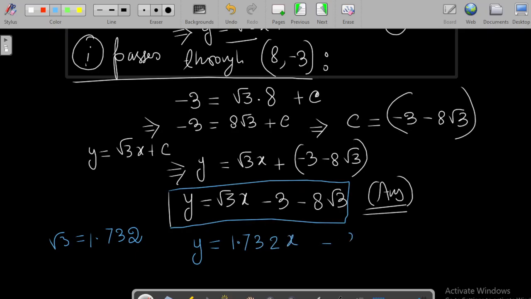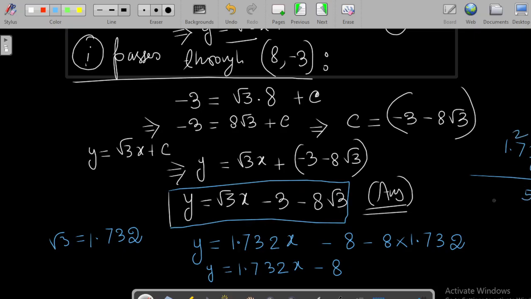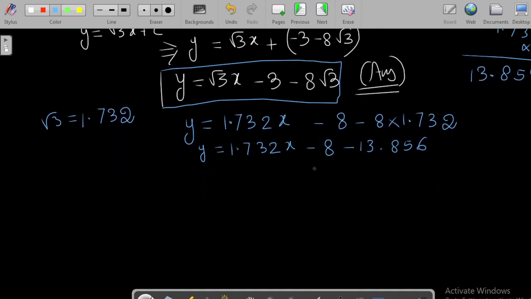1.732x minus 8 into 1.732, and that becomes 1.732x minus 8 times 1.732. Multiplying 1.732 by 8 gives 13.856. So now the equation is y equals 1.732x minus 3 minus 13.856, which is 1.732x minus 16.856.